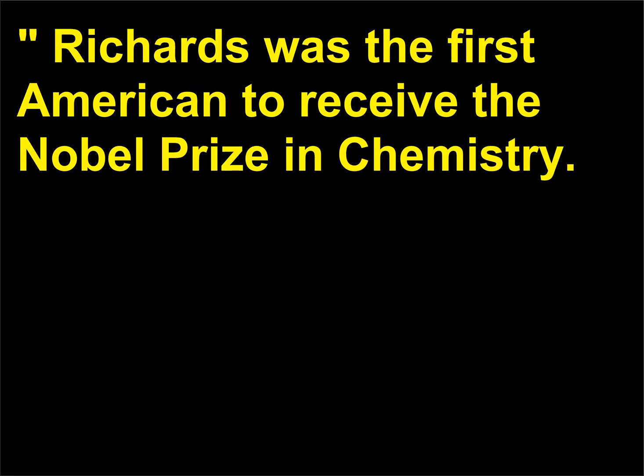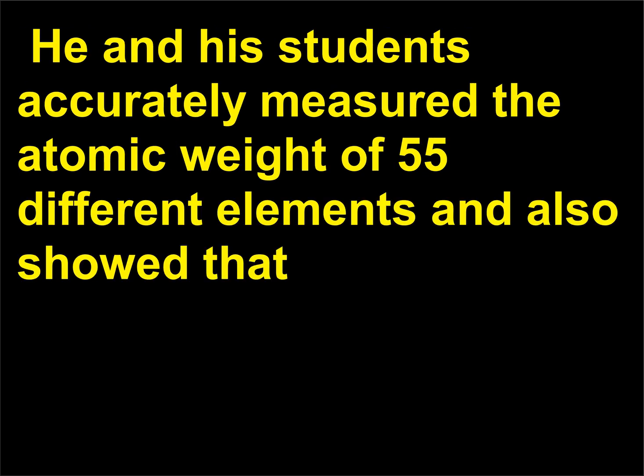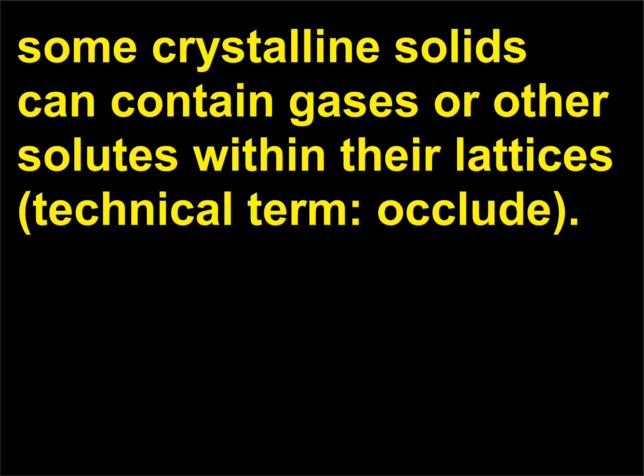Richards was the first American to receive the Nobel Prize in Chemistry. He and his students accurately measured the atomic weight of 55 different elements and also showed that some crystalline solids can contain gases or other solutes within their lattices, technical term, a fluid.